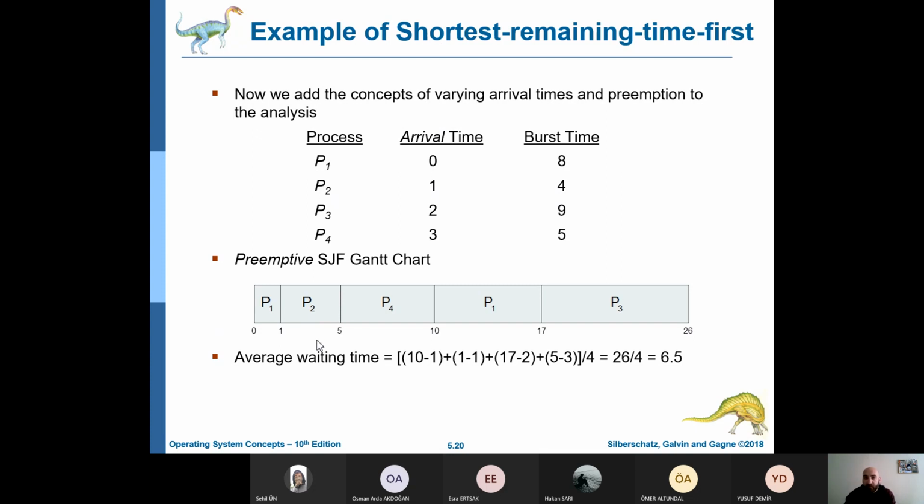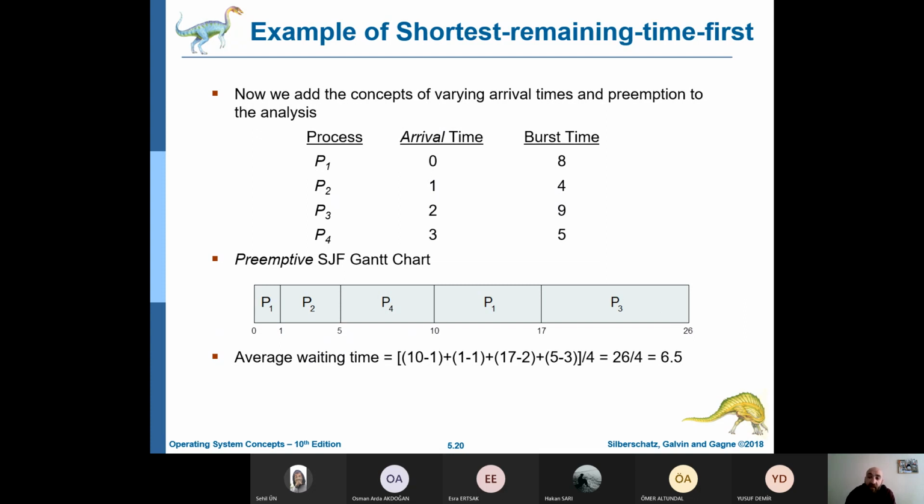At the 5th millisecond, we are going to take a look at the remaining jobs. The burst time for P1 will be 7, for P3 it will be 9, and for P4 it will be 5. So that means we are going to continue with P4 and then P1 and then P3.